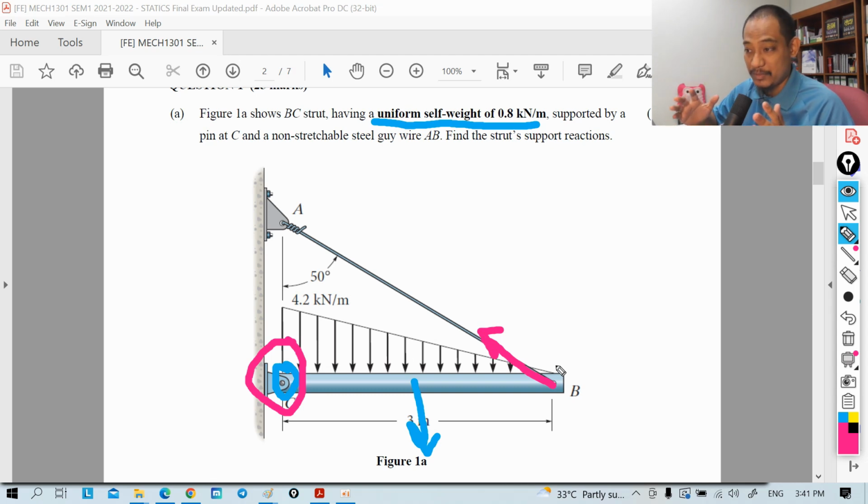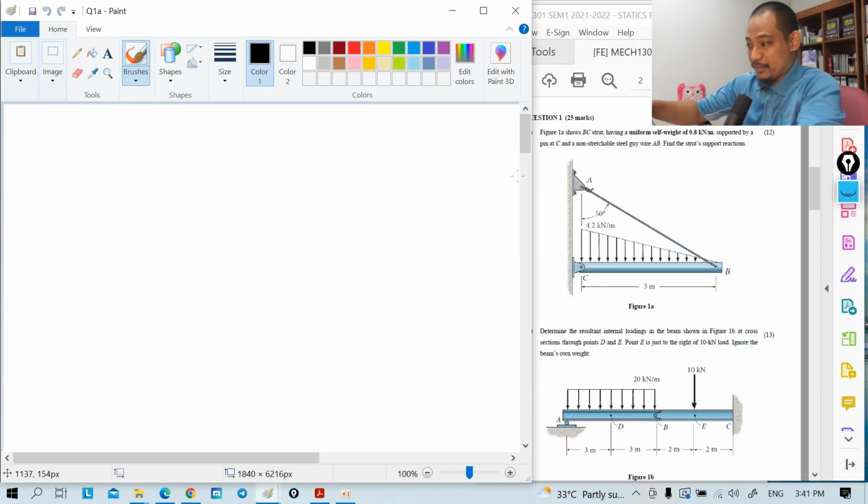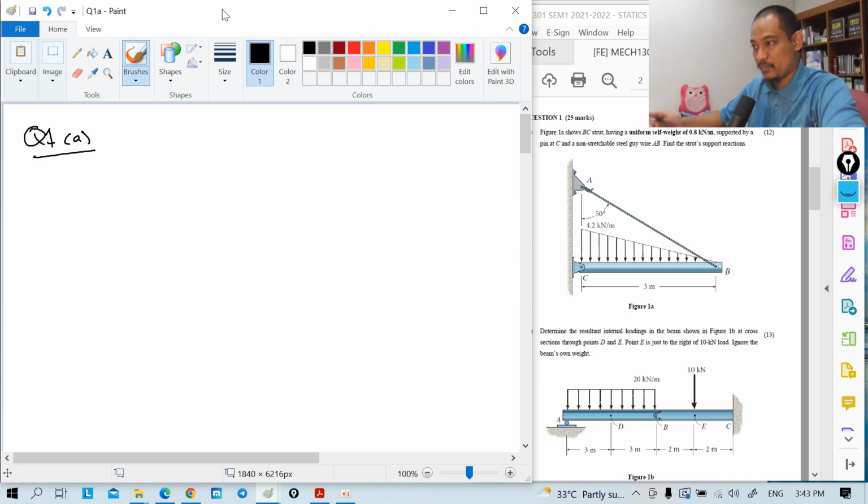First answering, knowing the question, and then addressing it. So question 1A. It is good practice to actually write down what the question wants to begin with, right?